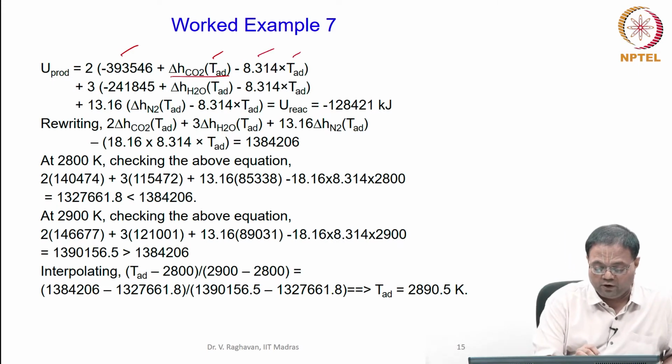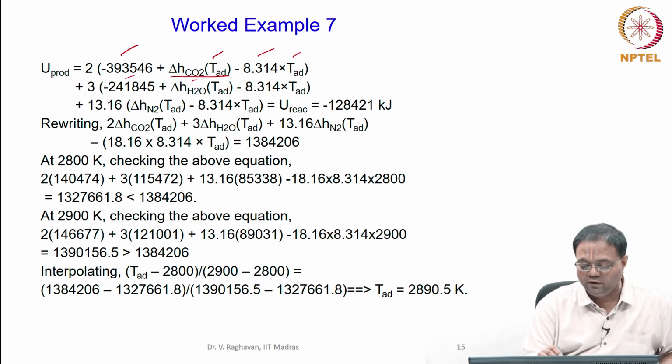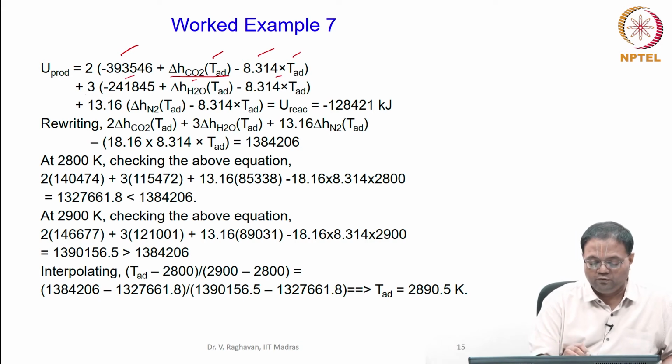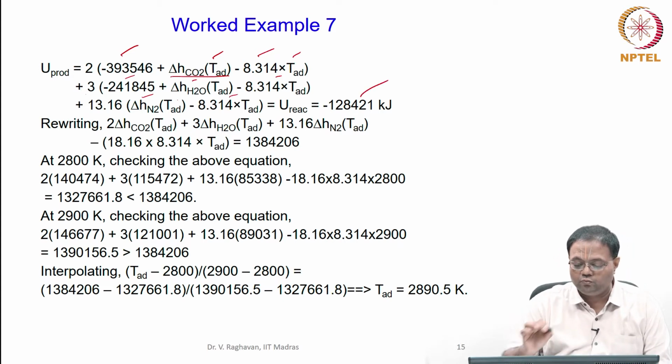Similarly for 3 times H2O, enthalpy of formation, delta H at TAD and RU times TAD. Similarly for nitrogen, there is no HF, straight away sensible enthalpy of nitrogen at TAD and RU into TAD. So this should be equal to this.